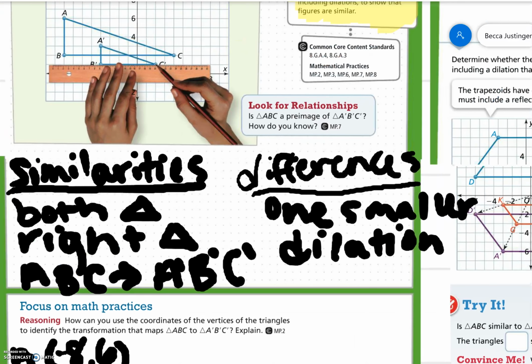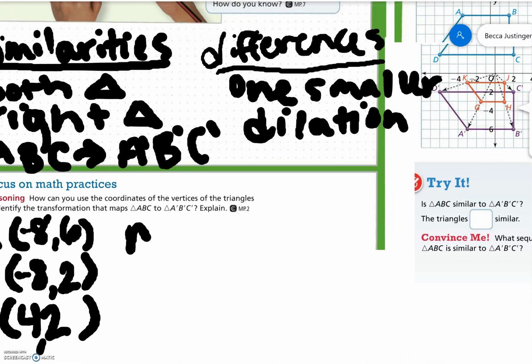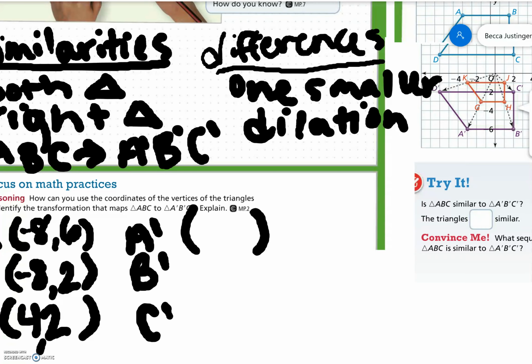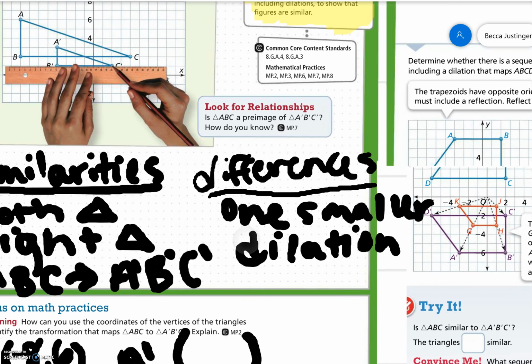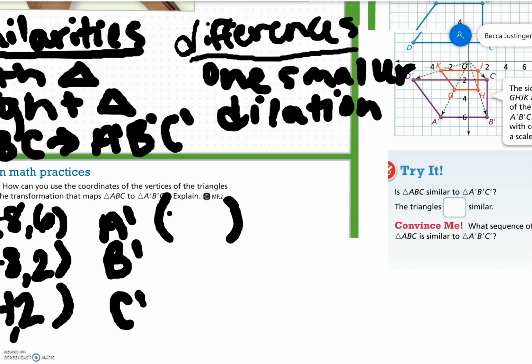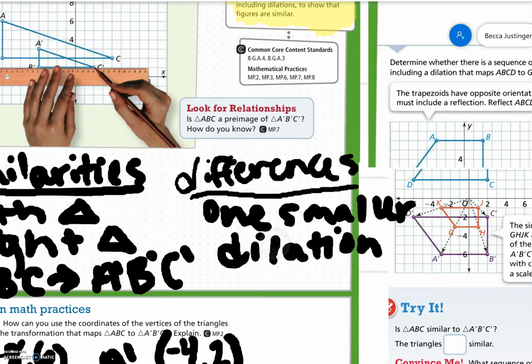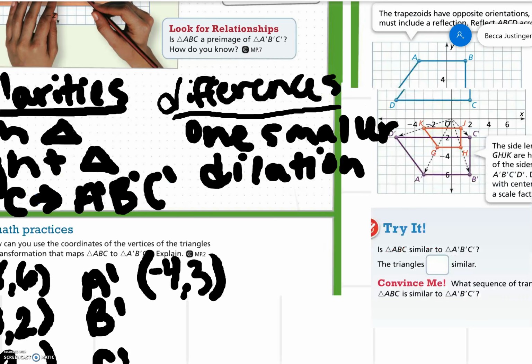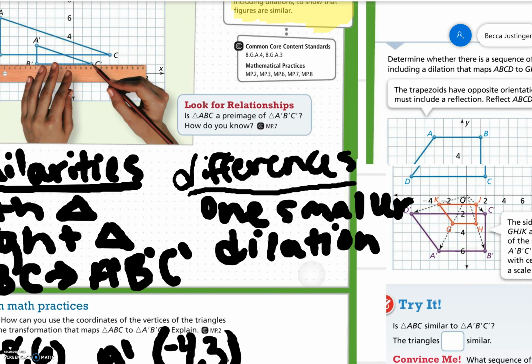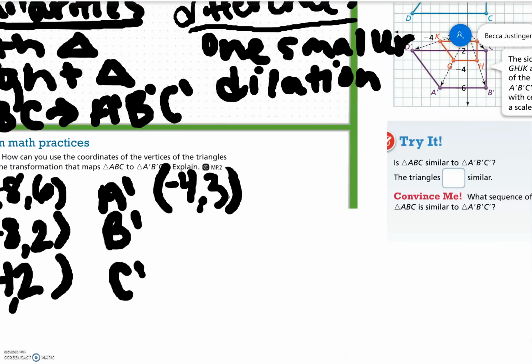And then we'll find A prime, B prime, C prime. A prime is at negative 4, 3, my bad.